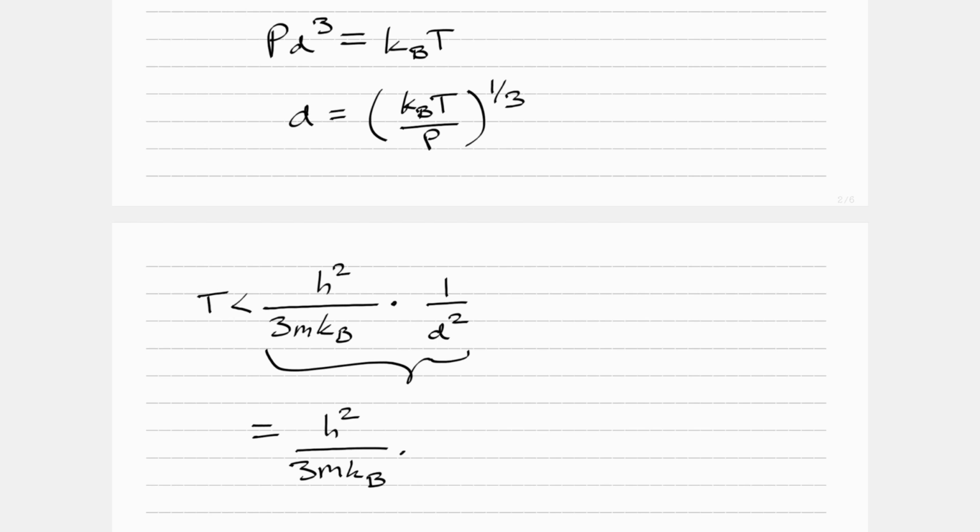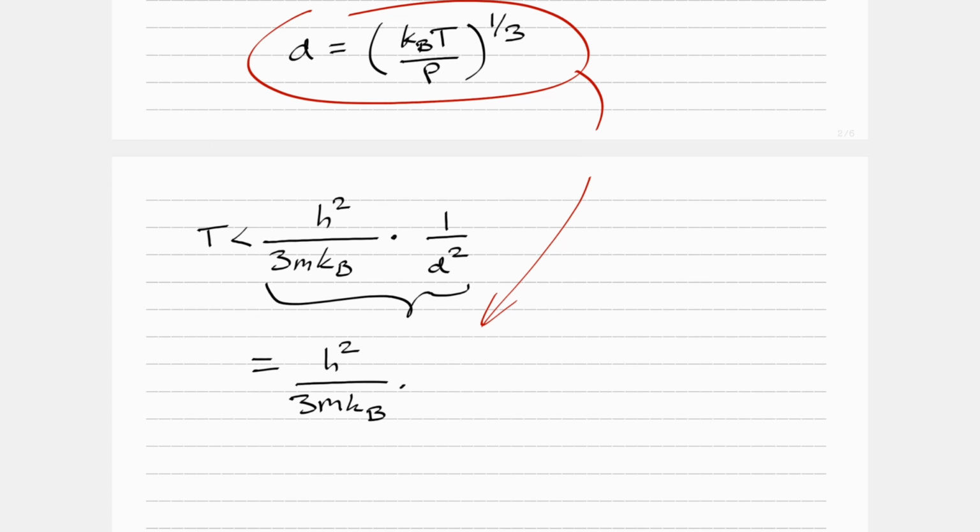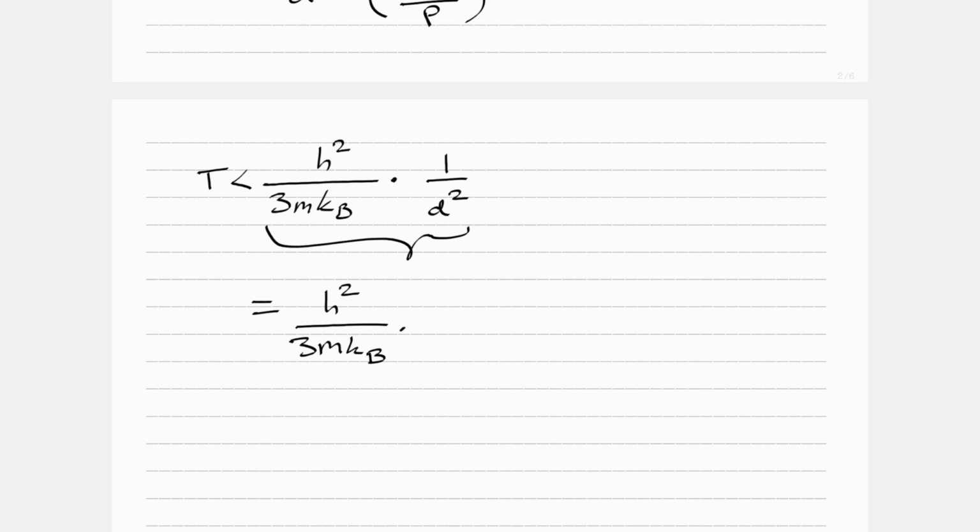Well, we just found what D is, so let's plug that in. Don't forget to square it, and we have to flip everything because it's in the denominator. So when we do that, you get P over kBT to the, not 1/3, but squared, so 2/3.